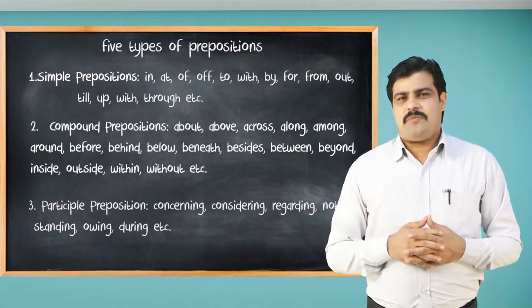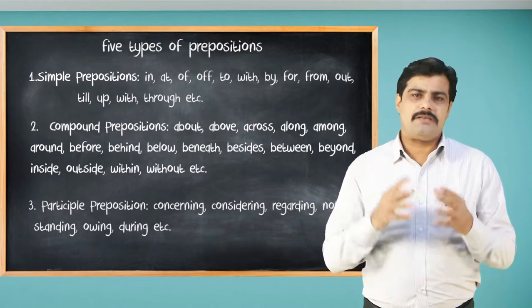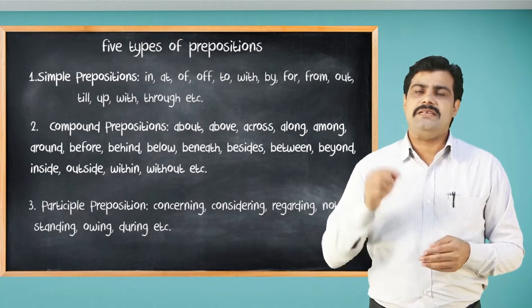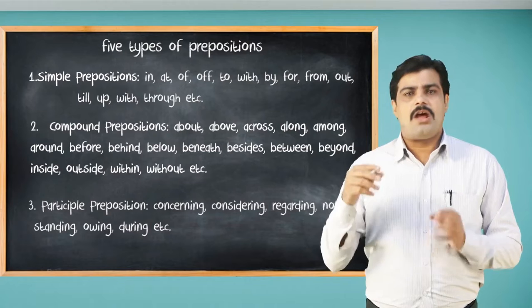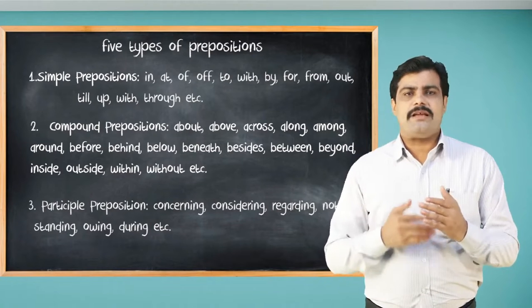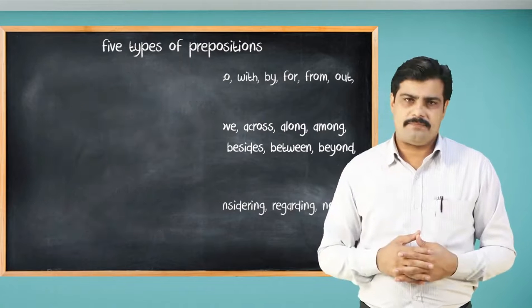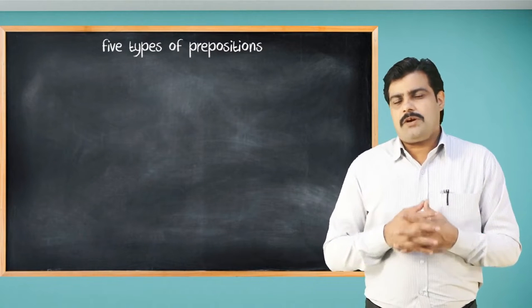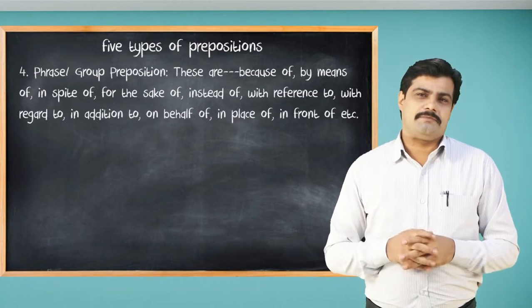The another type of preposition is participle prepositions. These are participle prepositions because these are in form of a participle, like concerning, regarding, considering, notwithstanding, owing, during, etc. The fourth type of preposition is phrase preposition.